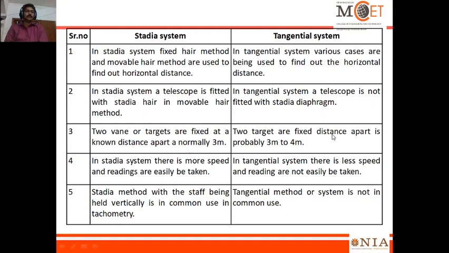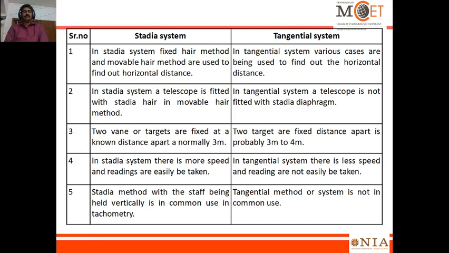Two targets are fixed a distance apart, probably 3 to 4 meters, in the leveling staff it can be possible. In the stadia system there is more speed and readings are easily taken. In tangential there is less speed and readings are not easily taken, since two vertical angles have to be noted down.